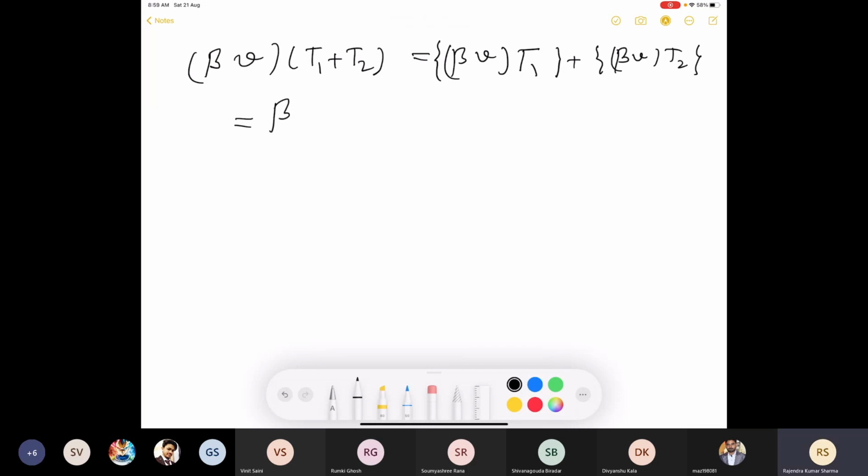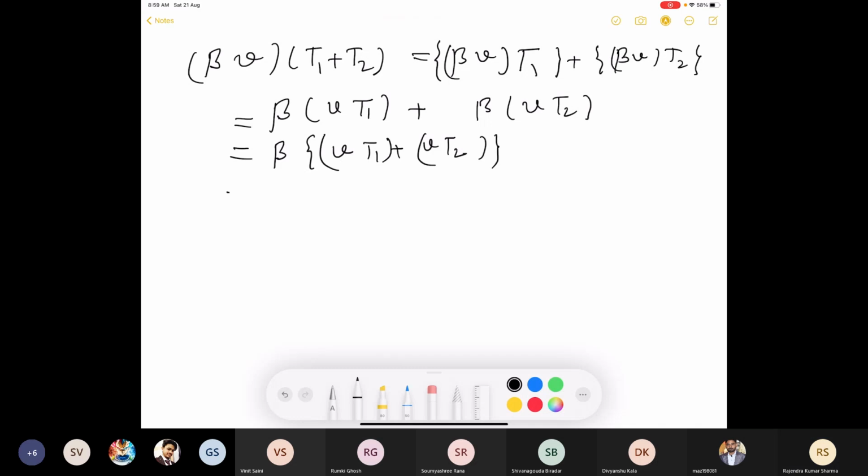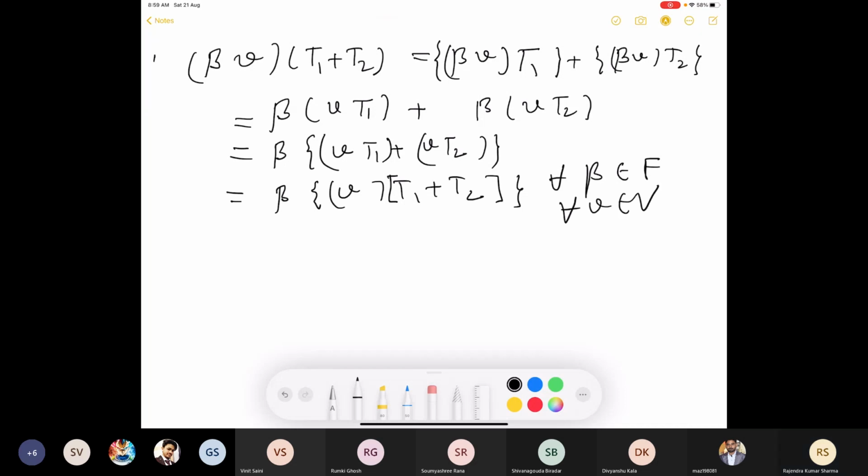T1 is a homomorphism, so this is beta(vT1) plus beta(vT2), the same as beta times (vT1 plus vT2), and this is the same as beta times v under T1 plus T2, for every beta in F and for every v in V. So this proves that T1 plus T2 preserves the sum and scalar multiplication, and hence T1 plus T2 is a homomorphism of V into W.